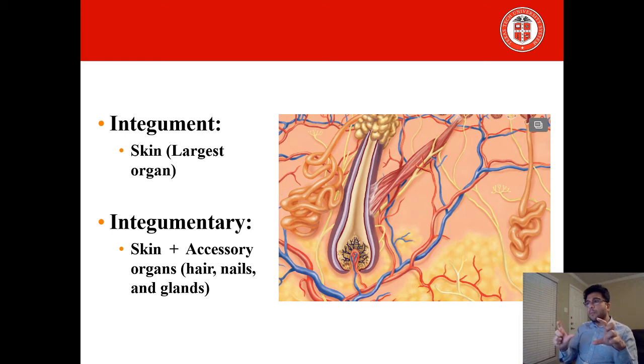And once we talk about integumentary, it pertains to not only skin, but it also includes all its appendages or related or accessory structures that include hair, nail, and glands.